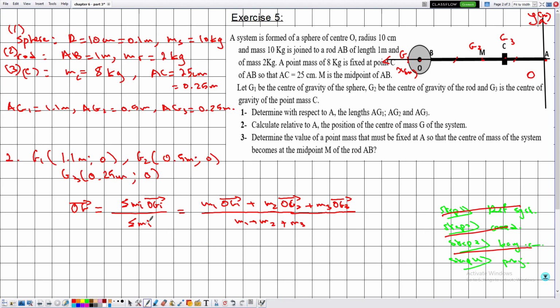Here the origin is set to be the point A. Let me change the labeling.